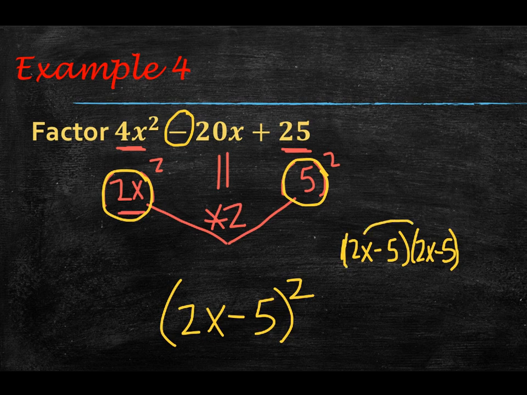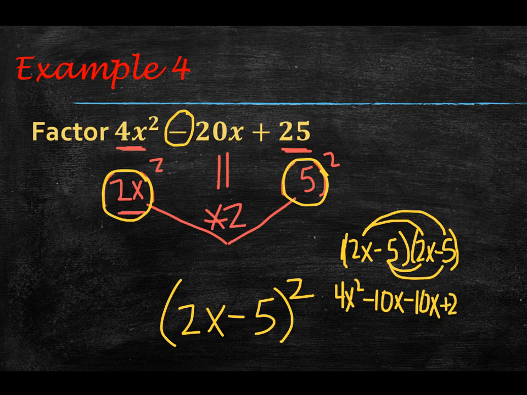So I'm going to take 2x times 2x, that gives you 4x squared. Then I'm going to take 2x times a negative 5, which gives you negative 10x. Then I'm going to take negative 5 times 2x, which gives you negative 10x. Then I'm going to take negative 5 times negative 5, which gives you that positive 25.